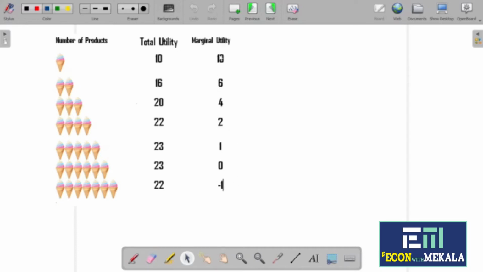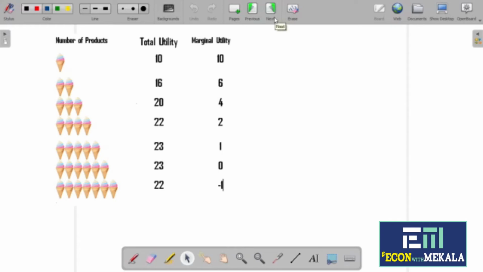So you can see that when consumers consume more and more goods, the additional utility they gain from consumption is decreasing. That is the diminishing. This is what explains the law of diminishing marginal utility. When consumers keep stocking more products, the additional benefit, satisfaction or enjoyment they get from an extra unit is decreasing.